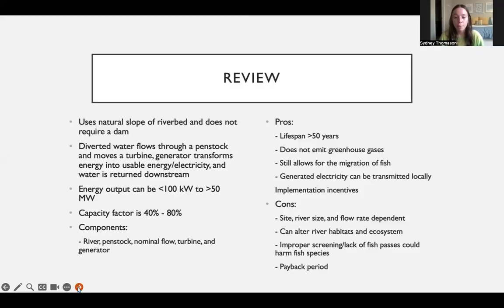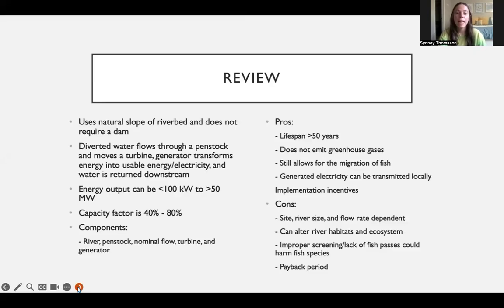If there is improper screening or there's no fish pass installed at all, it can really harm these fish species as they are drawn into that penstock and down the turbine. Migrating salmon is a big concern for many areas that are starting to implement these plans, specifically in Canada.